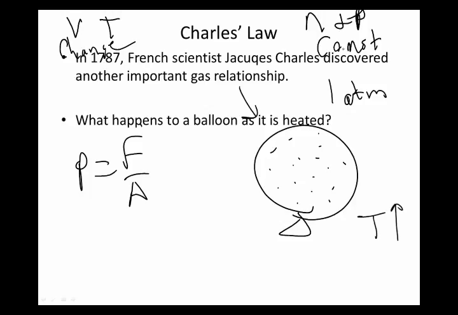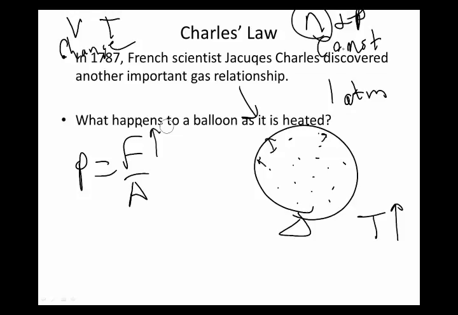So if I increase the temperature by heating up the balloon, what happens to the particles inside? We have the same number of them because moles is staying constant. Temperature is a measure of kinetic energy. An increase in kinetic energy causes the particles to collide with the balloon with greater force. The force goes up.